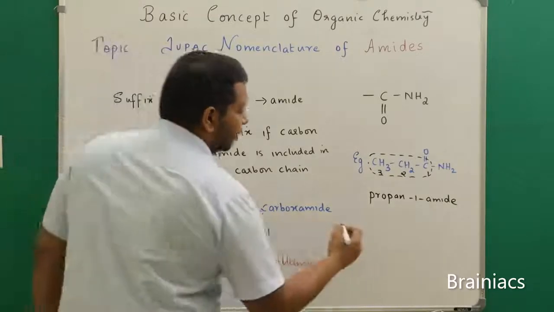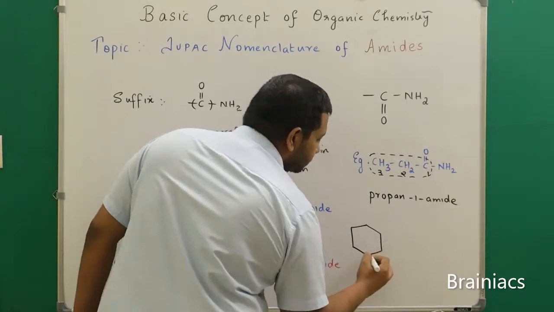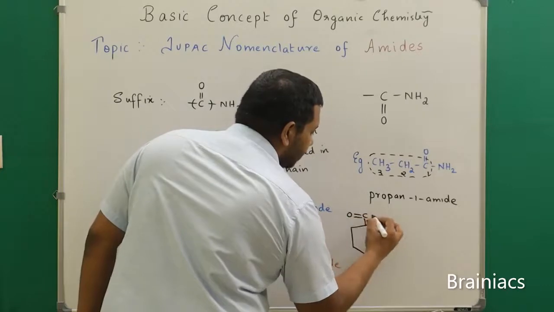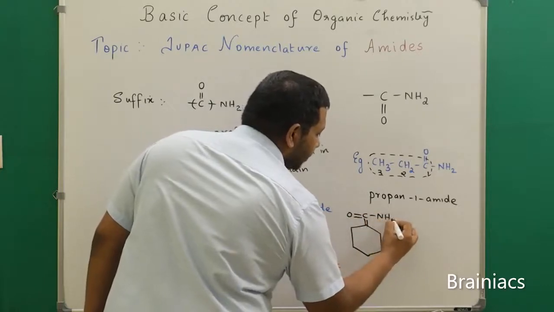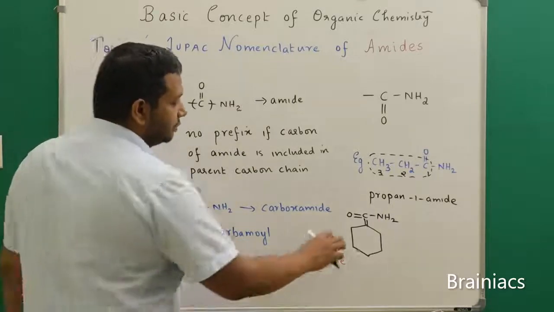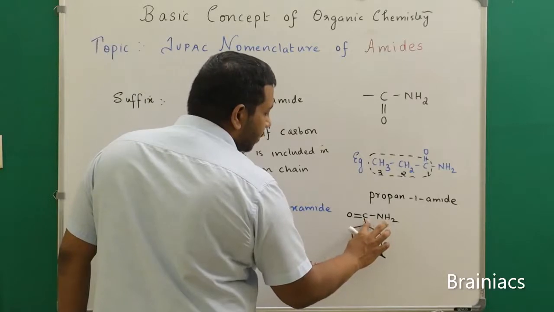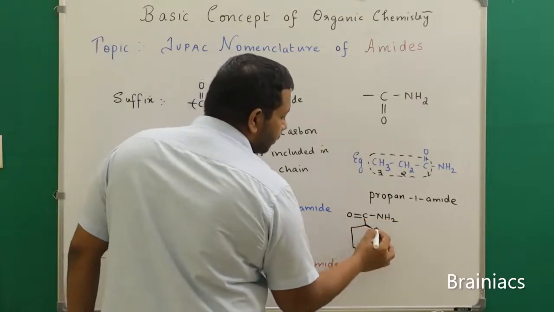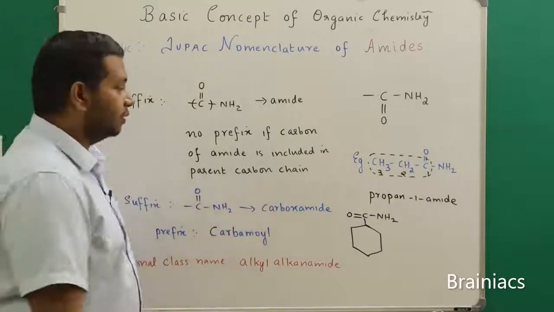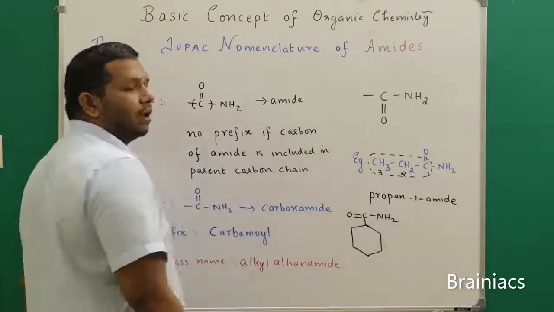Understood? So we will see more examples for your easy understanding. Let's take one example like this. Now you might have seen this many a time with other functional groups. Can you tell me the name of this compound now? You could see here, there is no double bond, just CONH2 is added. So what can be the name of this compound? I know that this is a carbon containing functional group, but there is no way I can include this carbon in my parent carbon chain.